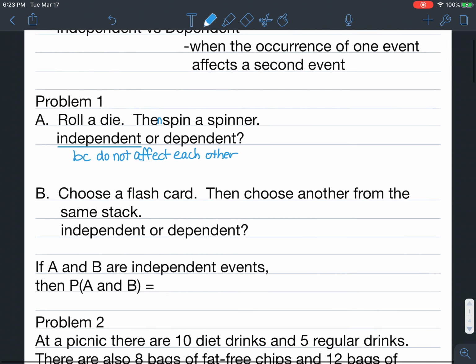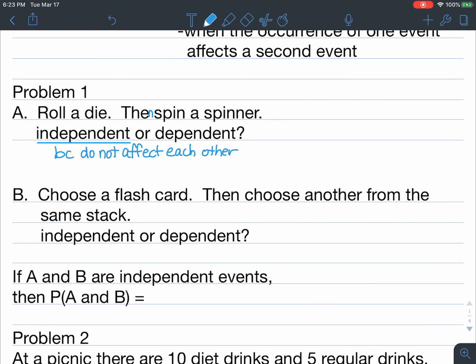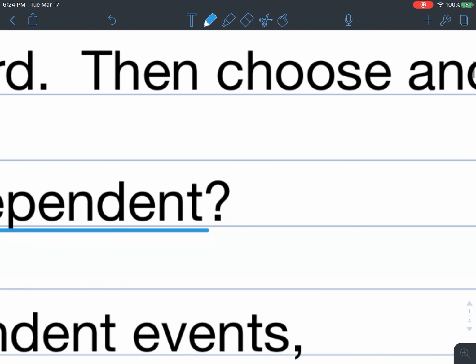Let's take a different example. You choose a flashcard from a stack. Then you choose another from the same stack. Is this independent or dependent? Well, I think the second event depends on the first event because once you take one card, there's one less in the stack than before.